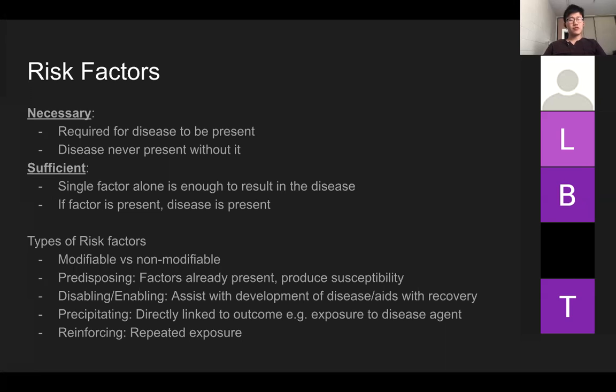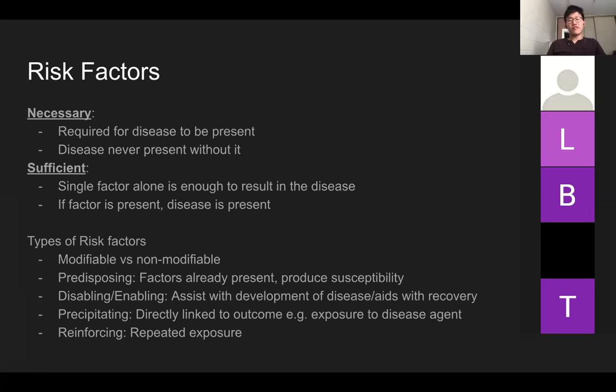Here are a few different types of risk factors. You've got modifiable and non-modifiable. Modifiable things would be things like lifestyle factors, and non-modifiable would be things like genetics. Predisposing factors are similarly already present, and you've got disabling and enabling risk factors.